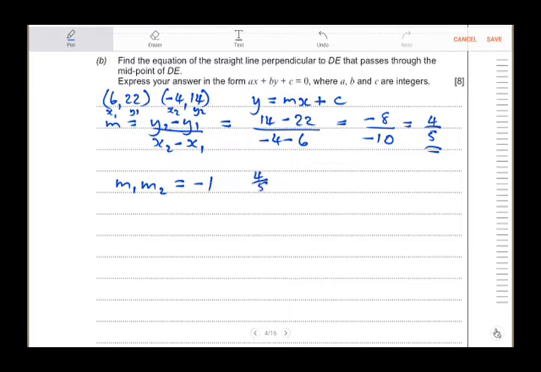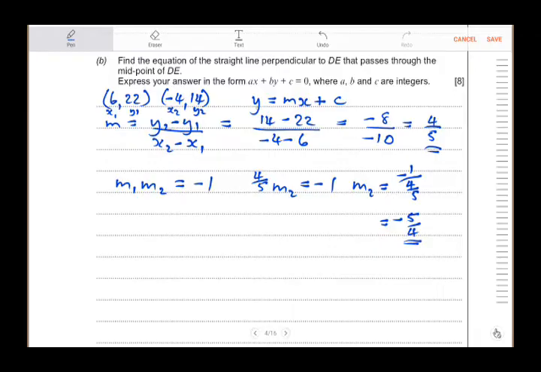So 4/5 times m2 equals -1. So m2 equals -1 divided by 4/5, and that gives you -5/4. You can put it on a calculator, but basically, -1 divided by 4/5 is the same as -1 times 5/4, which is how we divide by fractions. So that's the gradient of the perpendicular line.